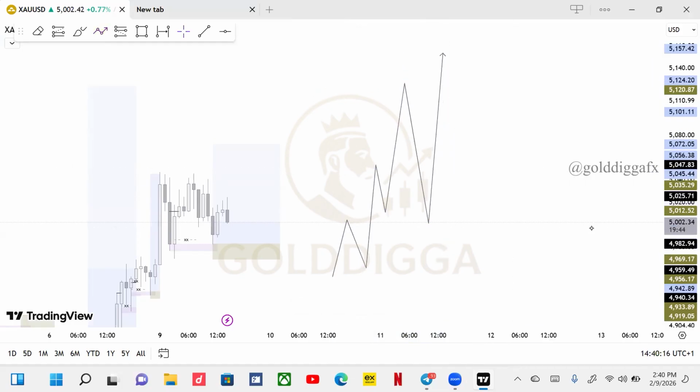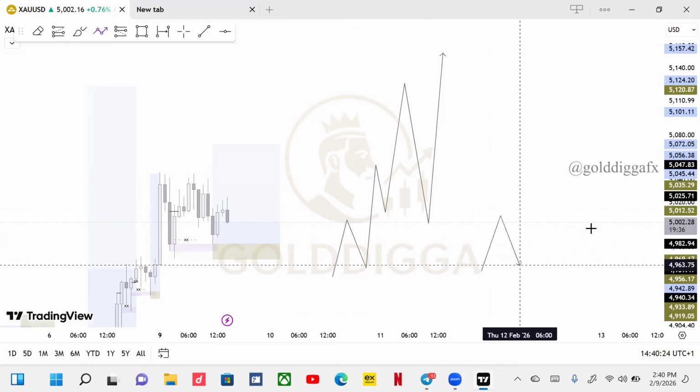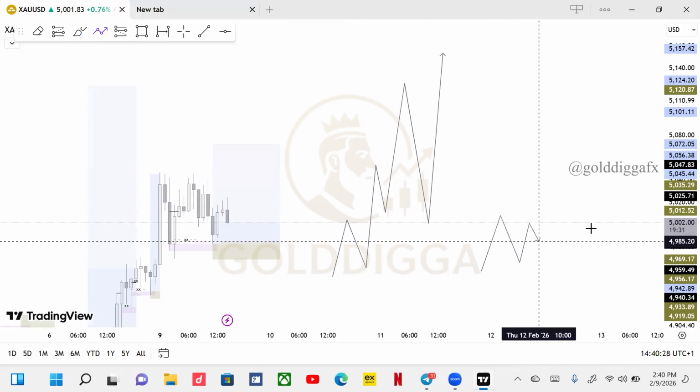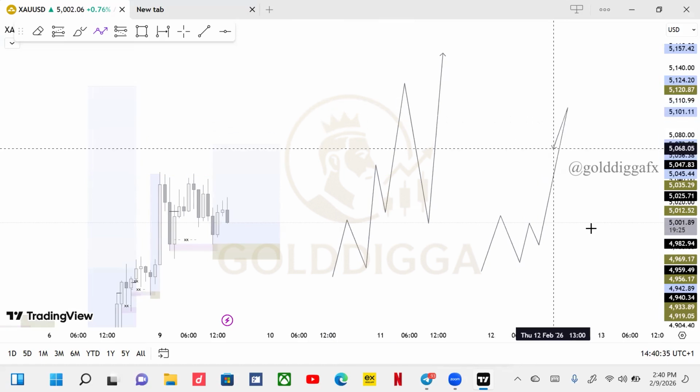The second one is one where price pulls back inside. Price goes like it wants to go higher, but pulls back inside, creates a low, then goes higher and breaks structure.